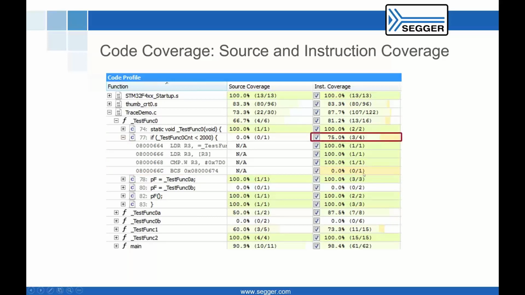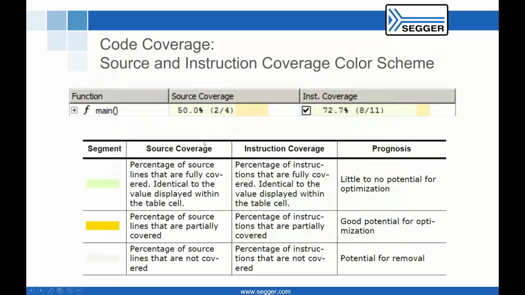And then you notice there's these shadings here, some green, some orange, and some white. So that essentially tells you the color scheme tells you what those percentages are. So the green portions are the percentage of your code that's fully covered. So there's usually little or no potential for optimization there because you obviously need that code. The orange is the percentage of instructions that are partially covered.